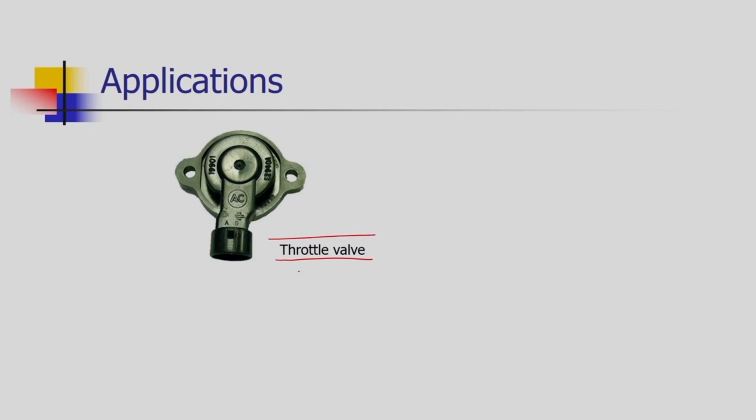To monitor the displacement of the element of the throttle valve, which is either manually operated or automatically operated, we need to monitor whether the desired amount of displacement is there or not.